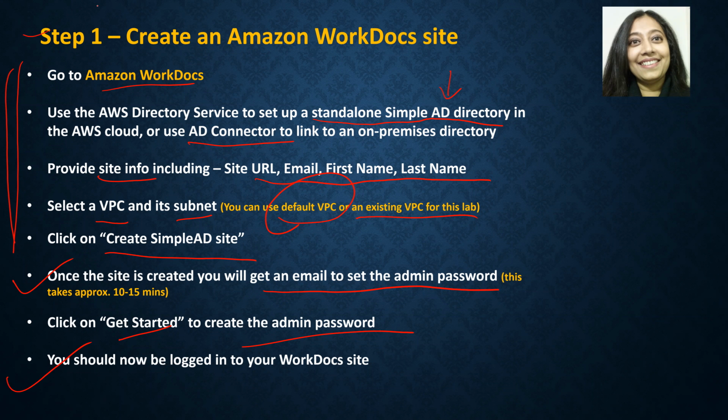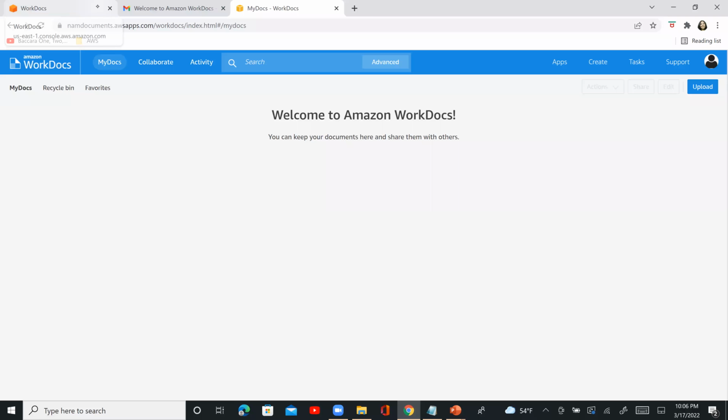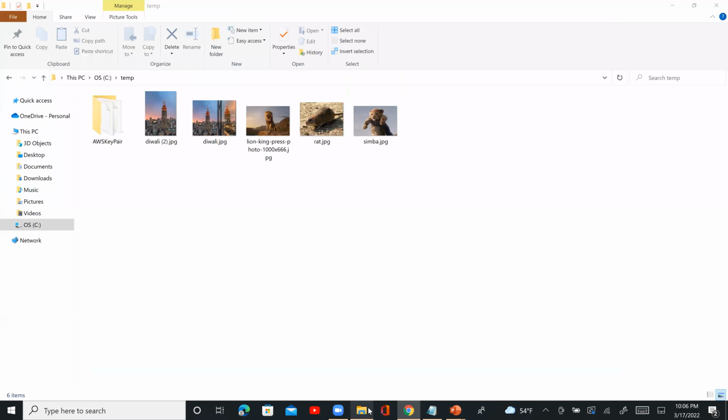Now, since we have created a WorkDocs site and we are logged in to our WorkDocs console, remember one of the things as part of the scenario was to upload a few files to the WorkDocs site using the WorkDocs console. So that's exactly what we are going to do now. We are going to go to My Docs, and click on Upload. Click on Upload Files. And I have these few images that I've copied over here.